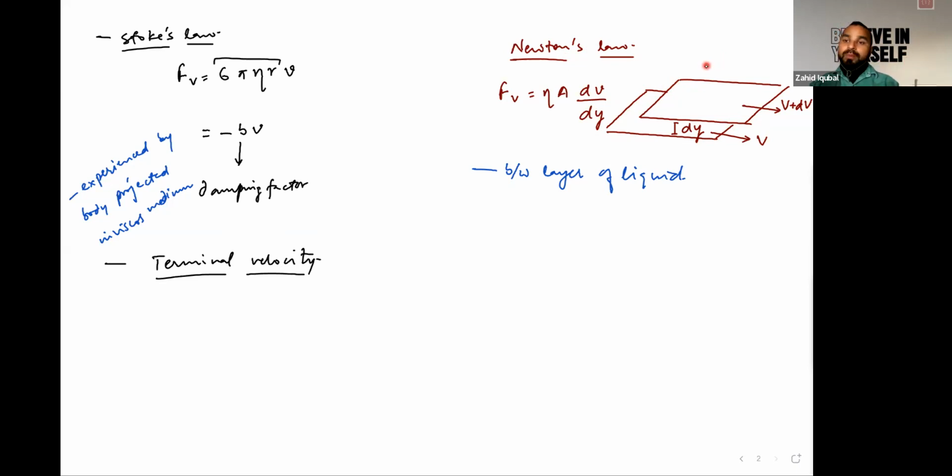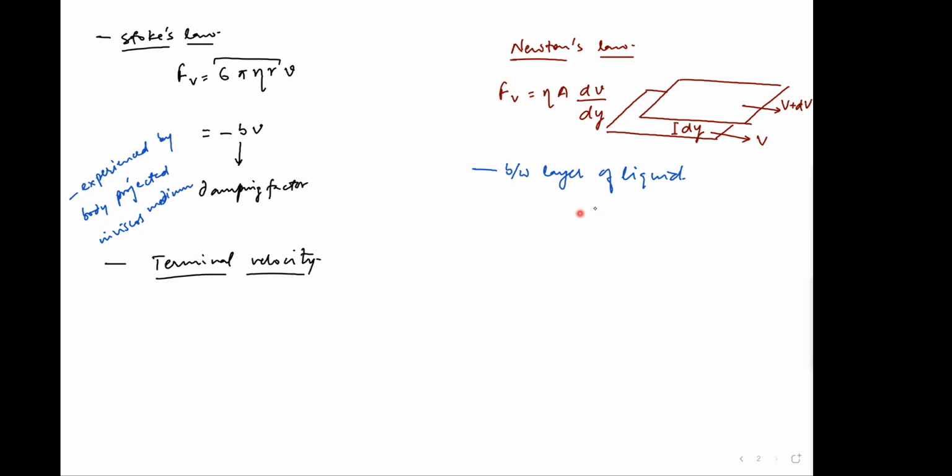Each layer will tend to oppose its neighboring layer by a force called viscous force, which is proportional to the area of the liquid or film and also proportional to the velocity gradient. Velocity gradient is the velocity change with respect to width or length. Is it clear? Yes, sir.